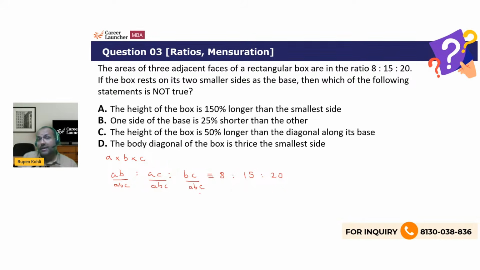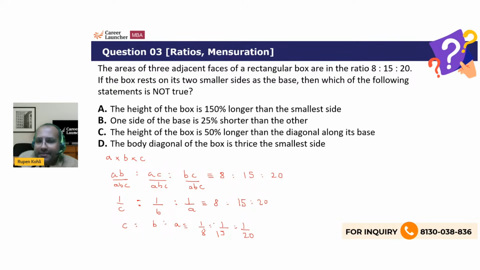But that simplifies my work, because what I get is 1 by c, 1 by b, and 1 by a, which is equivalent to 8, 15, 20. So if that is the case, taking the reciprocal on either side, c is to b is to a is equivalent to 1 by 8 is to 1 by 15 is to 1 by 20.